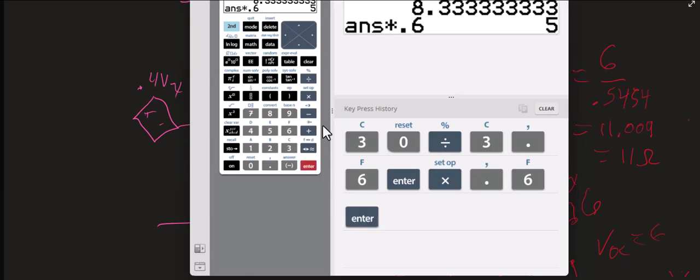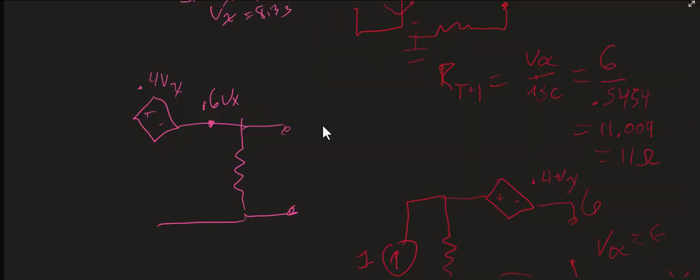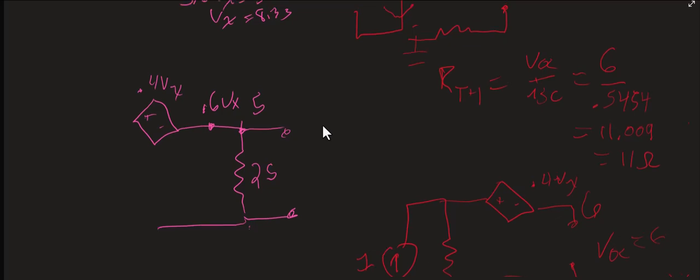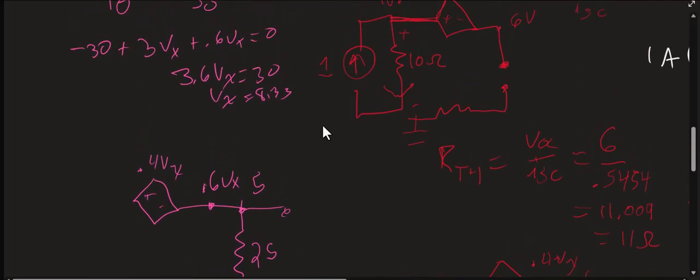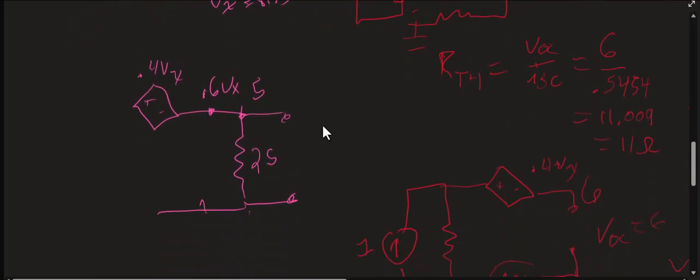And that gives us 5. Okay, so our voltage right here is 5. This was 25. And this is not 0 down here because there's also a 5 ohm resistor right there, and ground is right there.